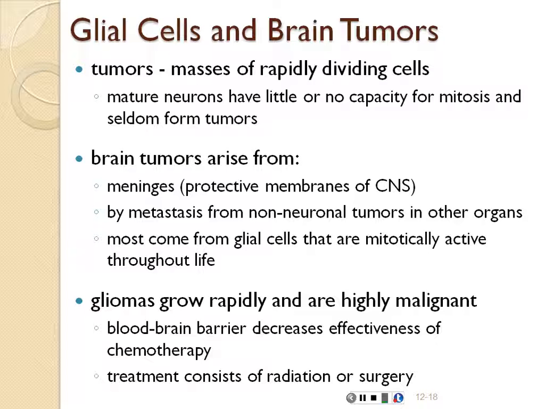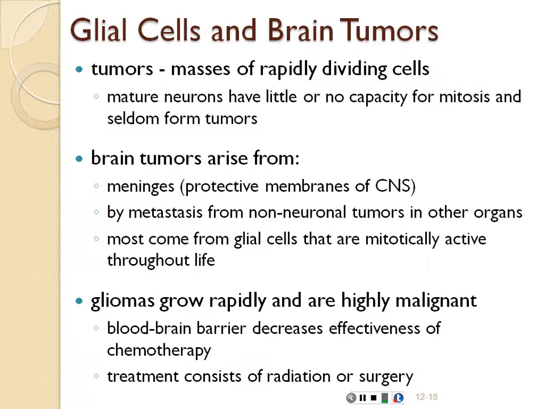So the cells recognize that there are cells around them, but they still continue to undergo mitosis anyway. So that's what tumors are. And we know that some tumors are cancerous. Those are called what? Malignant tumors. And some are non-cancerous. They're called benign. So benign is a non-cancerous tumor.